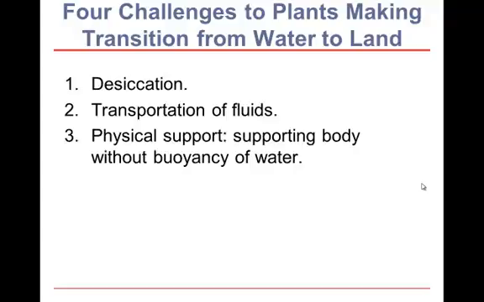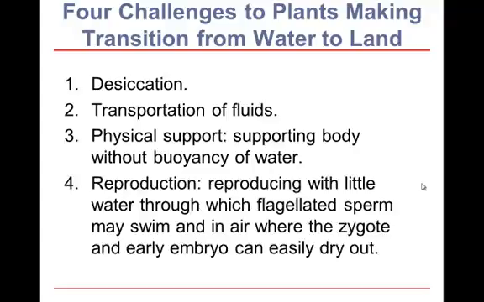Water is something like 820 times denser than air. And if you've ever seen what they call pond silk, a kind of very filamentous algae, and you take it out of the water, it just kind of collapses on itself. And so this is because the plant or the algae itself lacks support. And so plants that were going to leave the more dense medium of water for the less dense medium of air also had to develop a way to physically support their body.